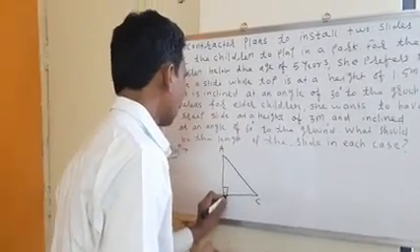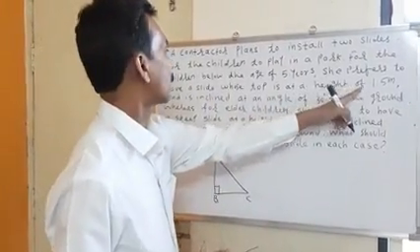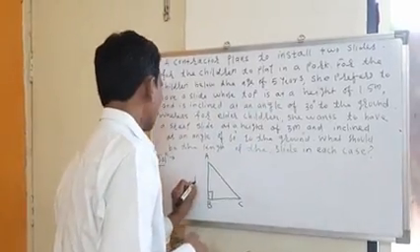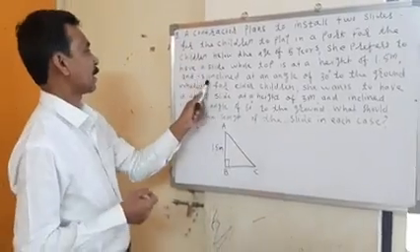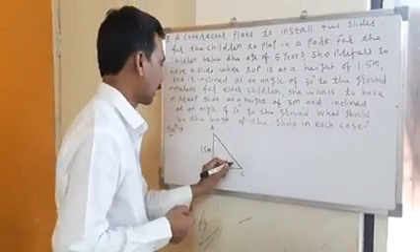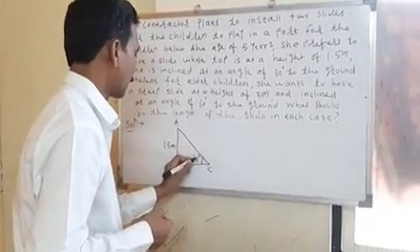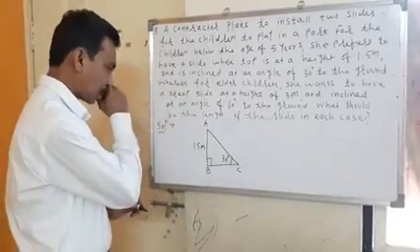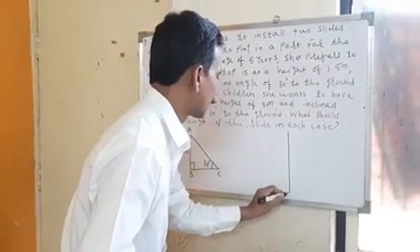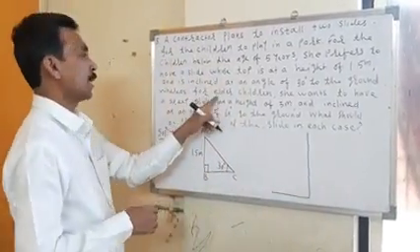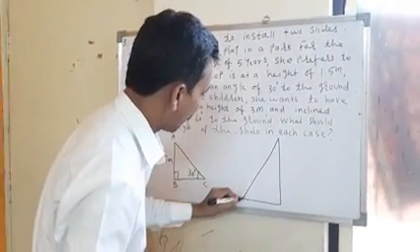This is 90 degree. In the first case, height is 1.5 meter and it is inclined at 30 degree. So this is 30 degree. The second slide is for the elder children, so this will be big.